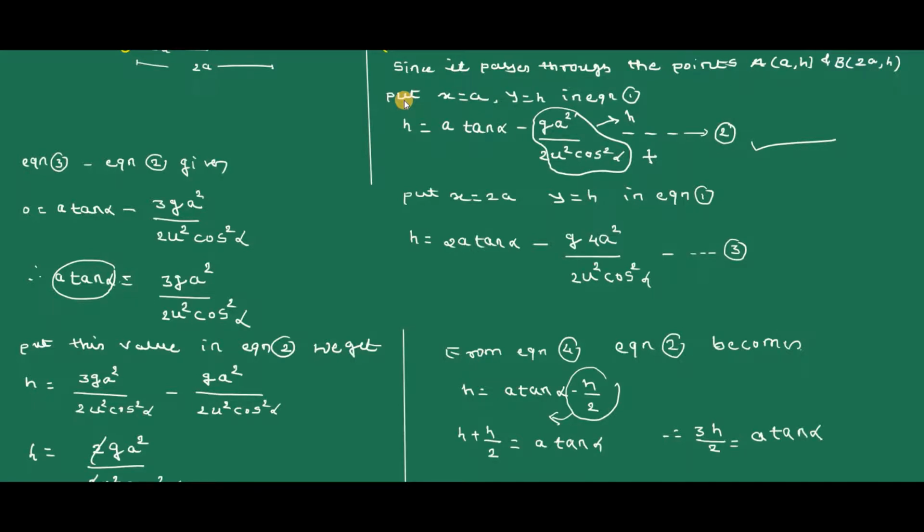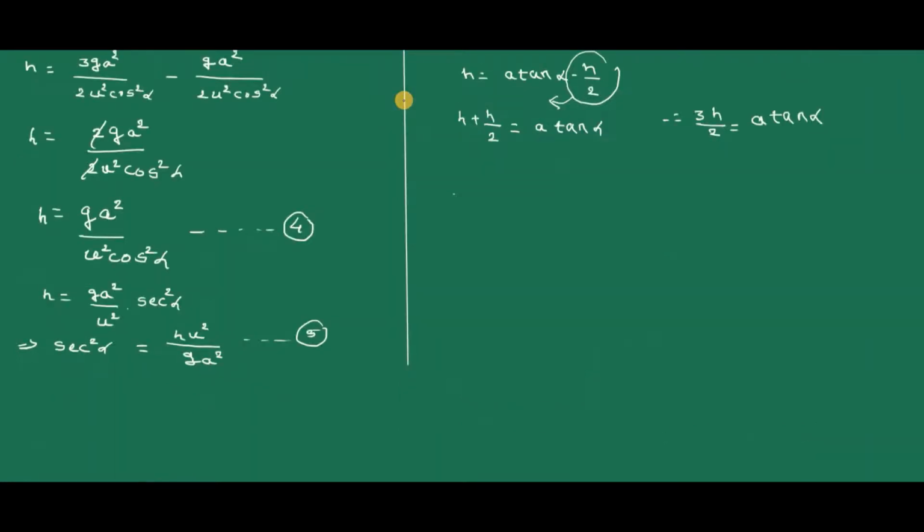You are not supposed to substitute here. Here you can find the value for tan alpha. That implies tan alpha is equal to 3h divided by 2a after transposing this a to the left hand side.